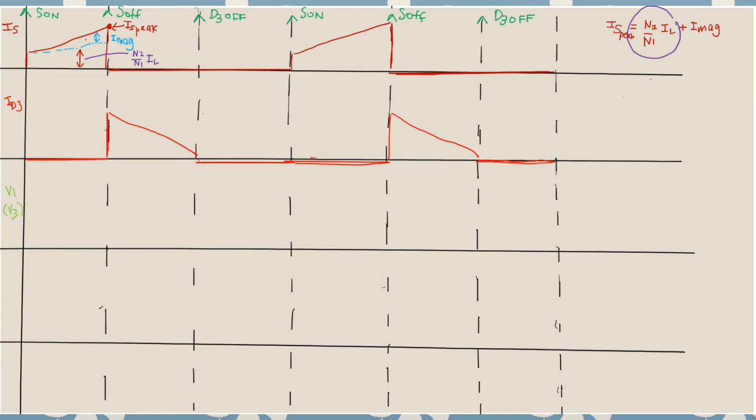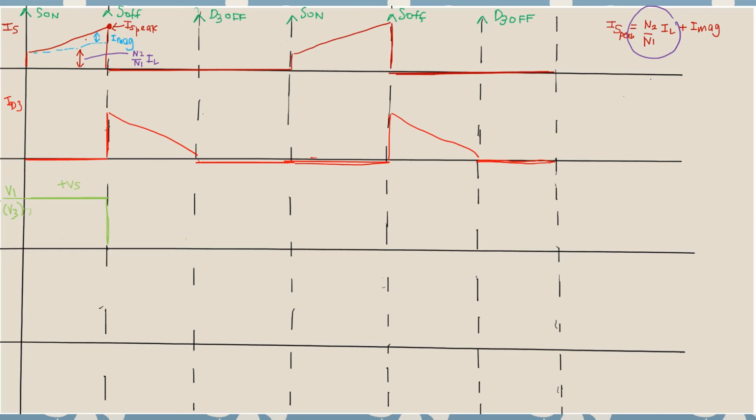So during the switch on, of course we have a V1 flowing, right? Just assume we have V1 flowing, so that is plus.